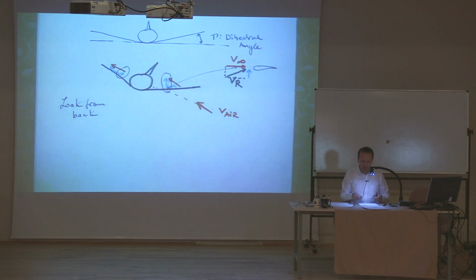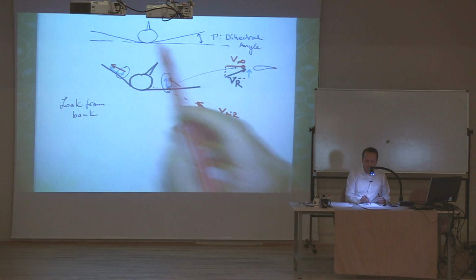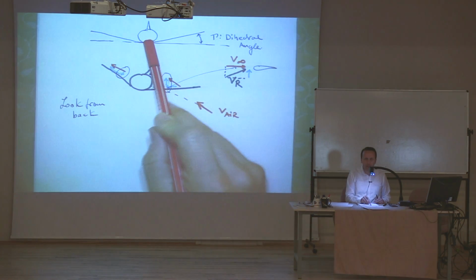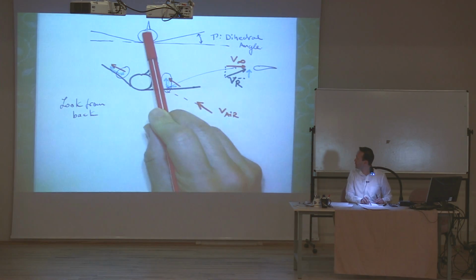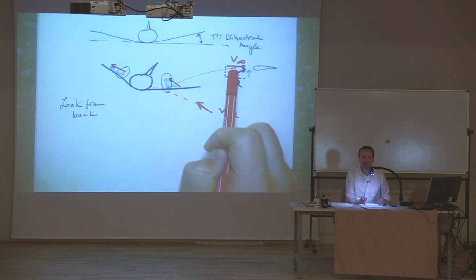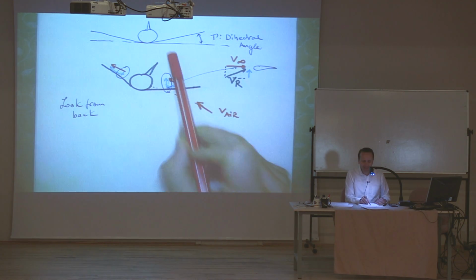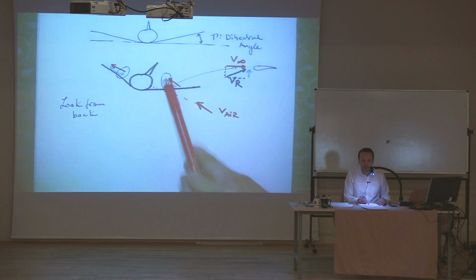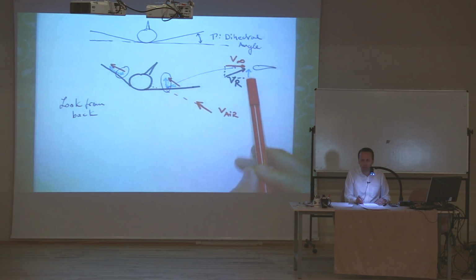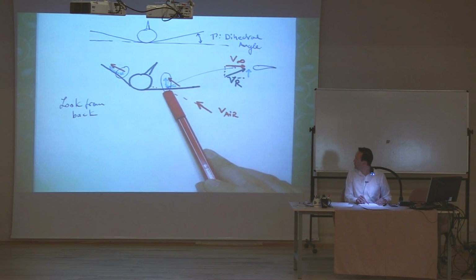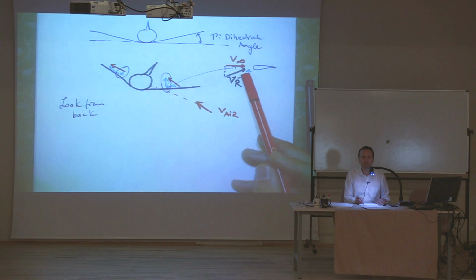Okay? It went from having only V infinity, because in the normal flying condition it had only V infinity, the red one. Now it has the red one plus this blue velocity, and therefore the total air velocity that this cross section will see is now this VR.